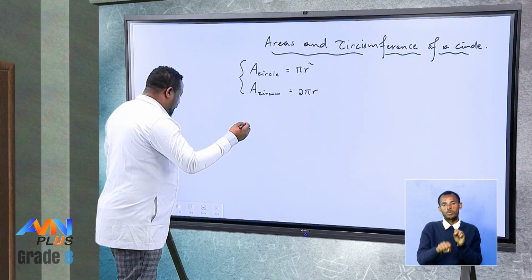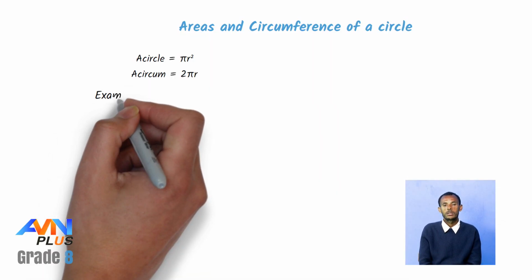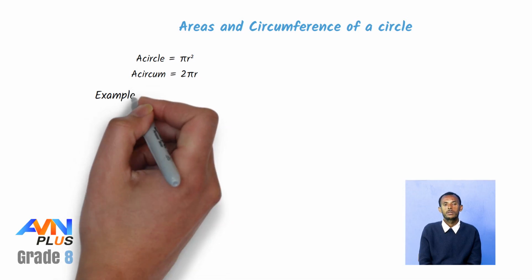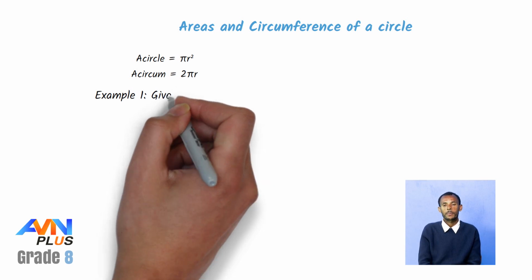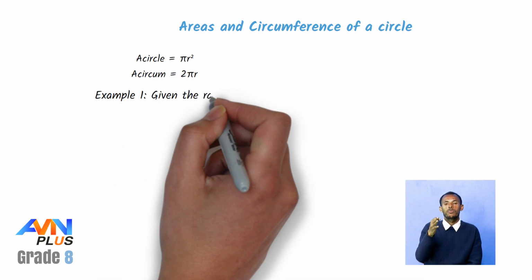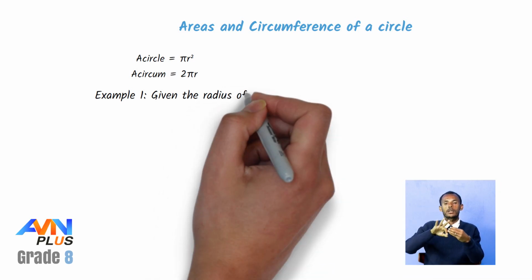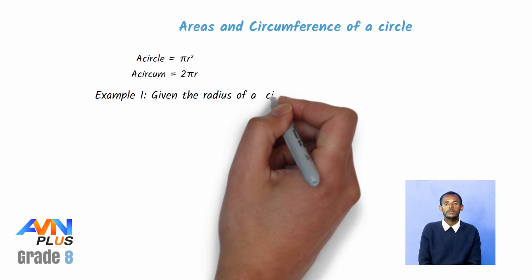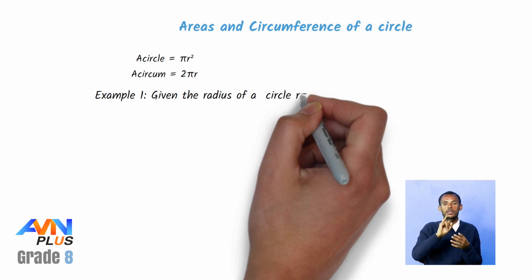So let's take example 1. So given the radius of a circle where r is 4 centimeter.